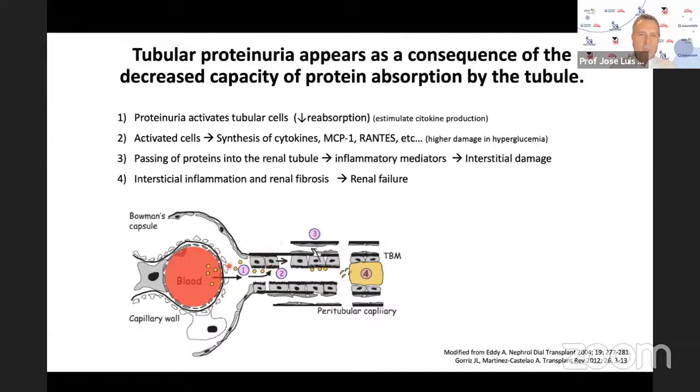The tubules absorb a small amount of albumin, but when the patient has a high degree of albuminuria, the tubules won't be able to absorb all of it, and the protein passes to the interstitium. This proteinuria in the interstitium activates the production of inflammatory mediators, and these mediators produce interstitial fibrosis. So we can also detect tubular proteins, and they lead to renal failure, interstitial inflammation, and renal fibrosis.